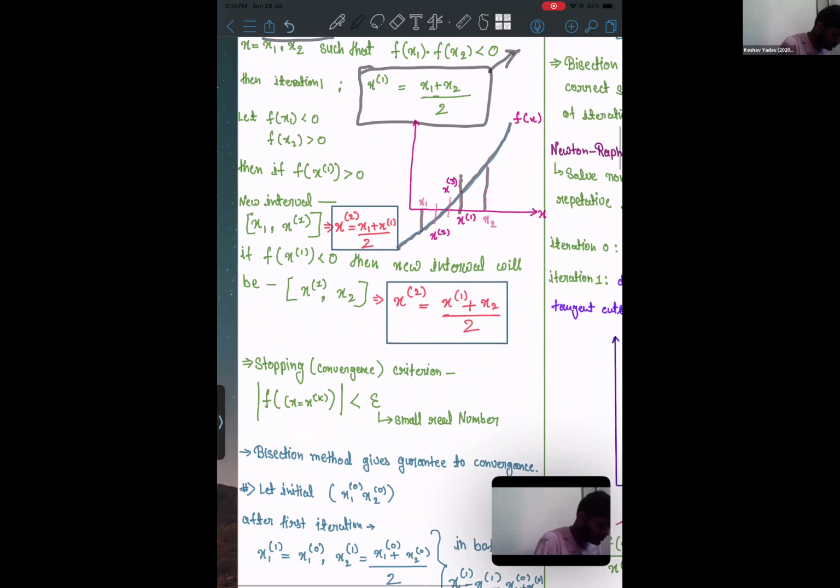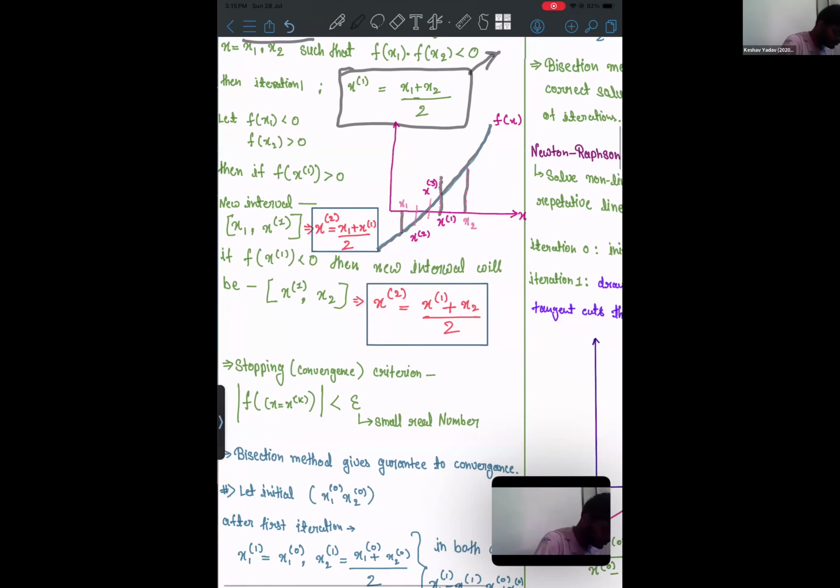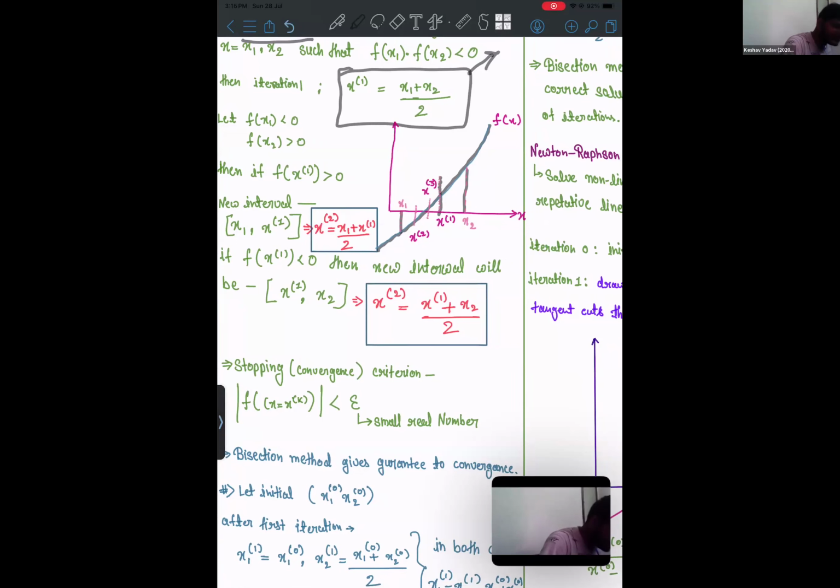Okay. So I am assuming now, let f of x1 be less than 0 and f of x2 be greater than 0. Then we check at first iteration the root that we have found, f of x at first iteration. If it is greater than 0, then what will be our second iteration value?